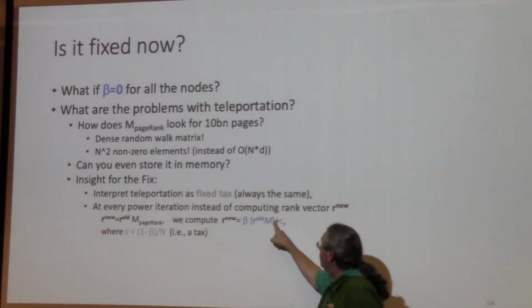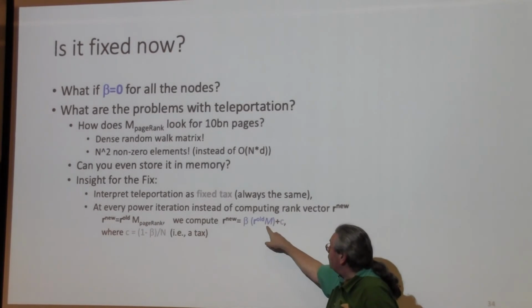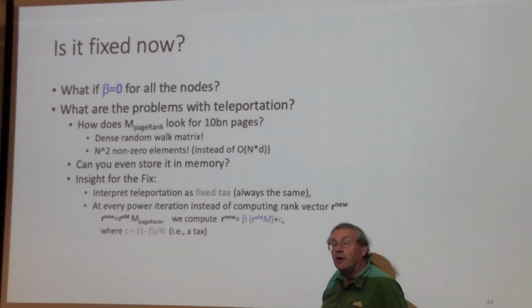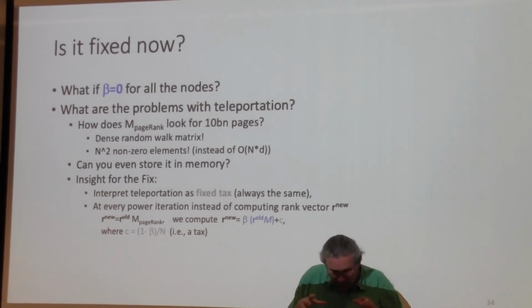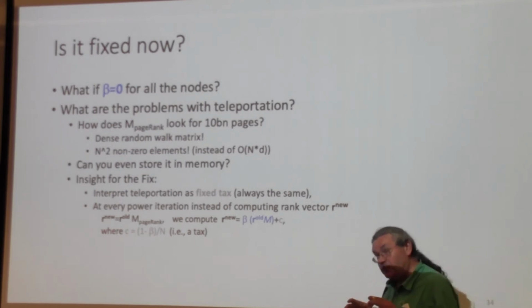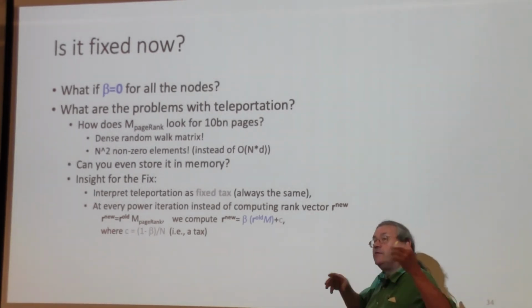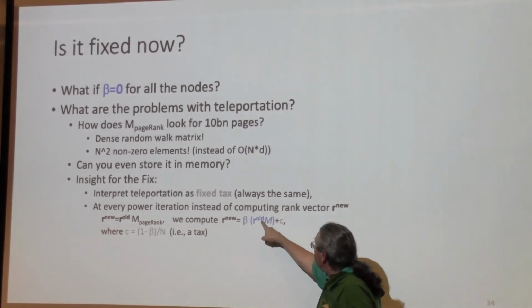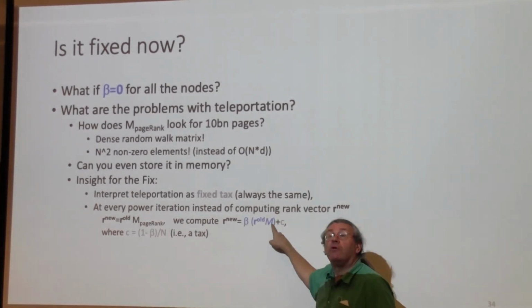This vector has 10 billion entries, which is already a lot. And this matrix is 10 billion by 10 billion, but most of the entries are zeros. Because most web pages only have a small number of links. Very small. I mean, 10, 20, maybe 100. So this is just 10 billion times some small number.